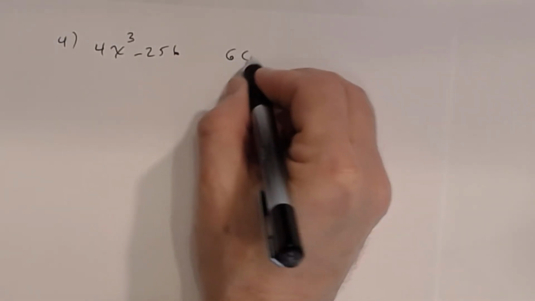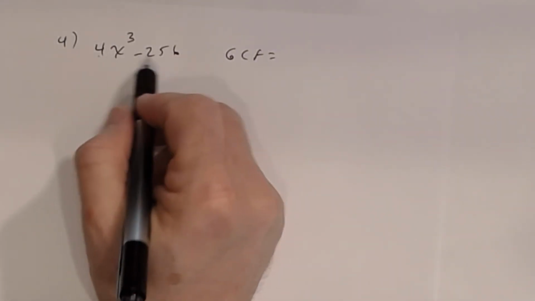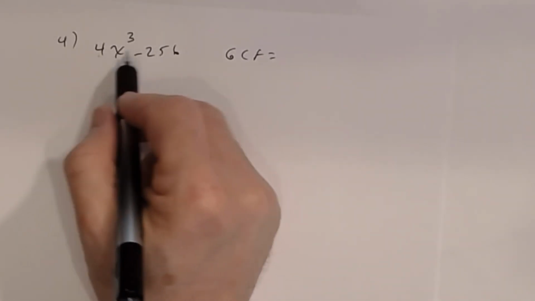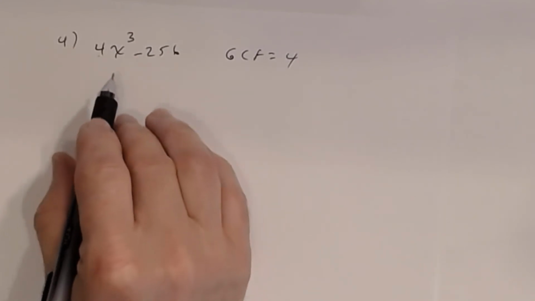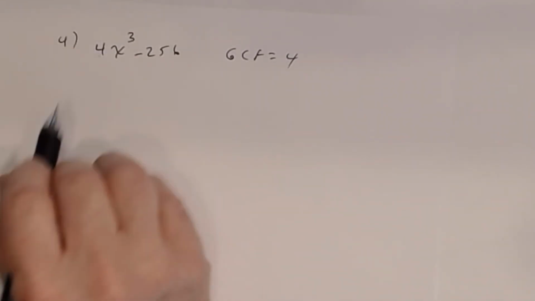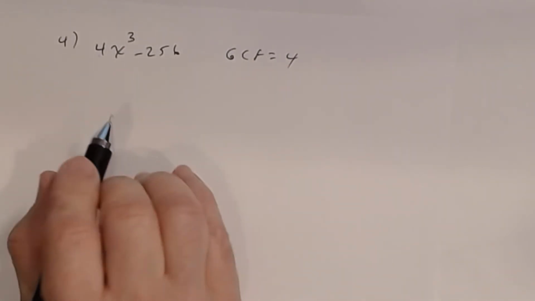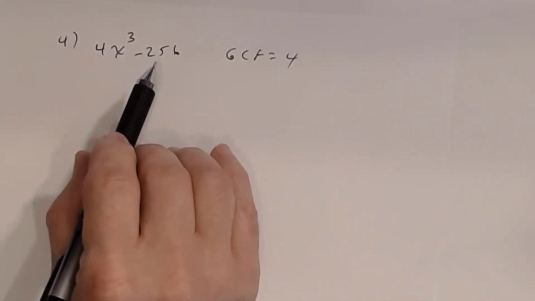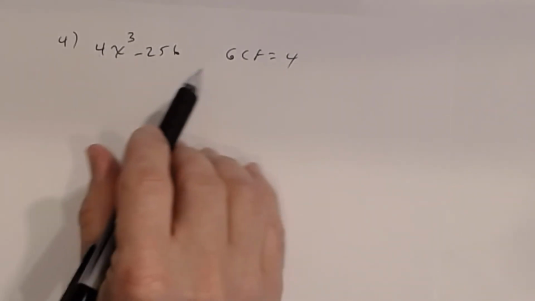I want you to notice right away, if you look at these two terms, the GCF is 4. And even if you didn't see it, 4 is not a perfect cube, and 256 is not a perfect cube. That may tell you there might be a GCF that's not 1. So the GCF is 4.